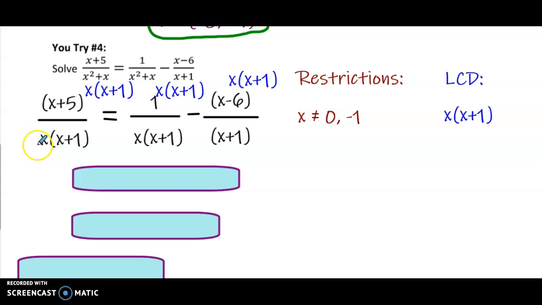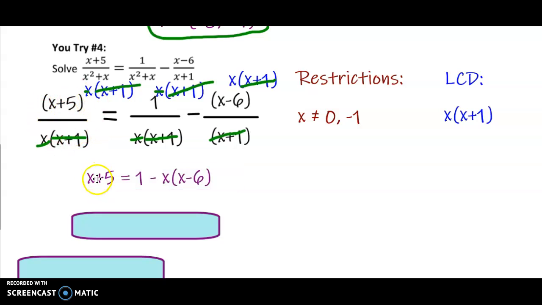So x cancels with x, x plus 1 cancels with x plus 1, and the x plus 1 cancels with the x plus 1. Now I can actually simplify.